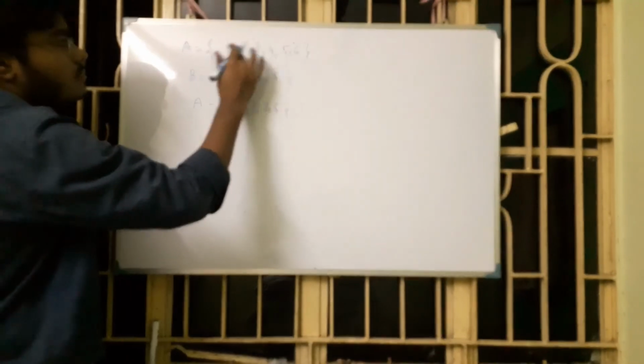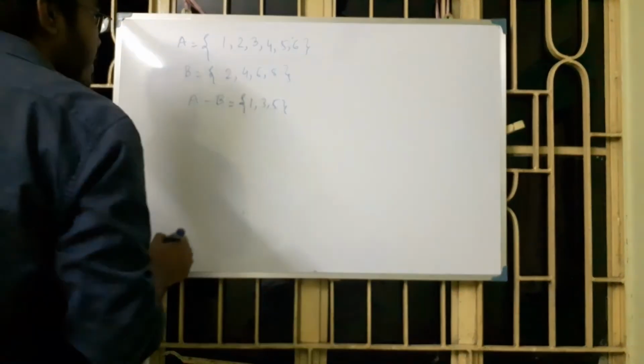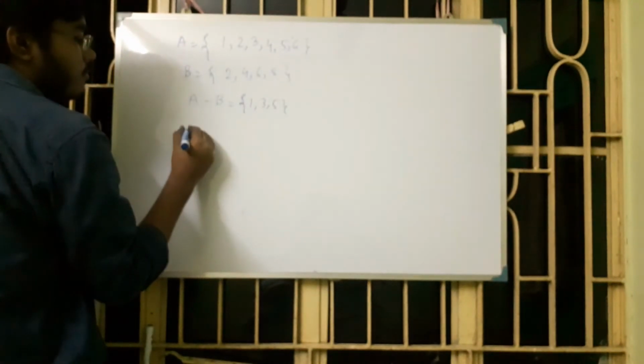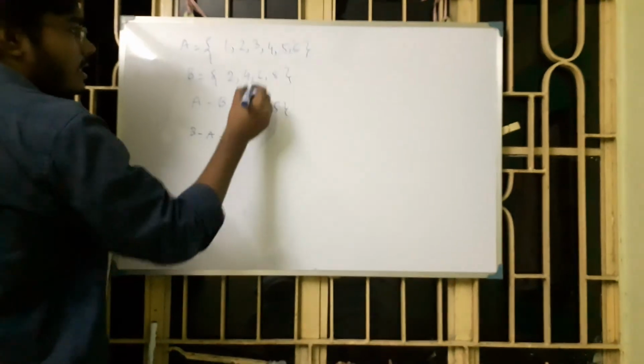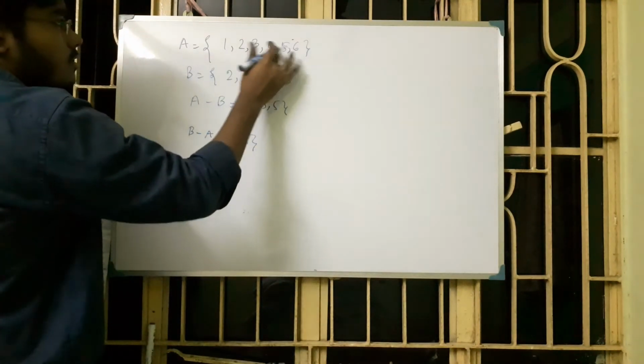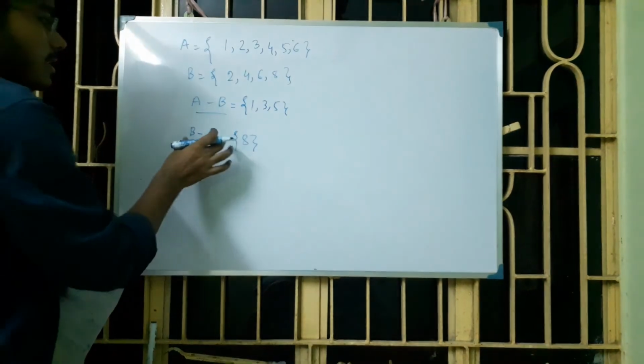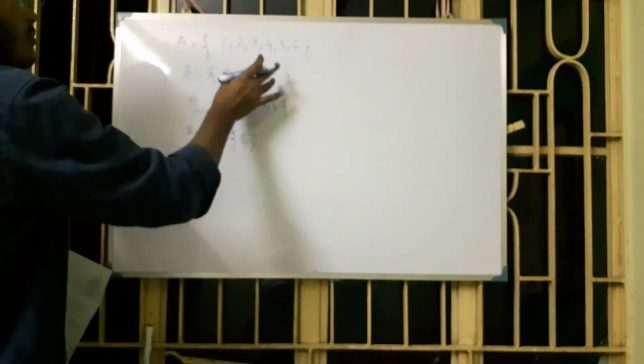Look, 1, 3, 5 is the remaining thing. And if you were subtracting from B minus A, then that is only 8. Remove 2, 4, 6, then only 8 is present in B. Okay, only thing present in B is 8 after removing the equal thing.